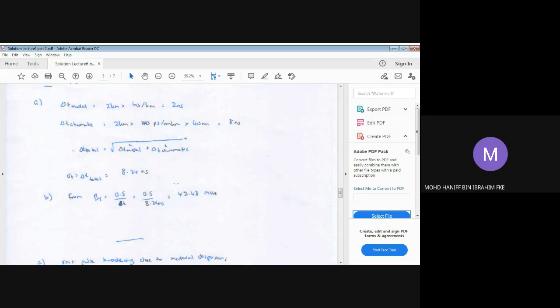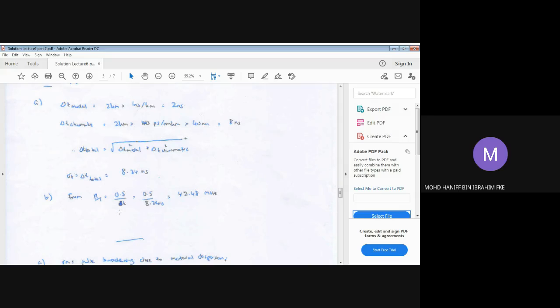Right, and this is the equation to calculate the bandwidth or the bit rate. In this condition, we assume that the bandwidth and the bit rate are the same. So BT equals 0.5, or I can say 1 over 2 delta T. You can refer to the summary in lecture 6 part 1.